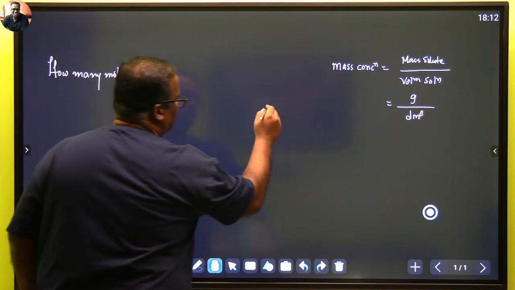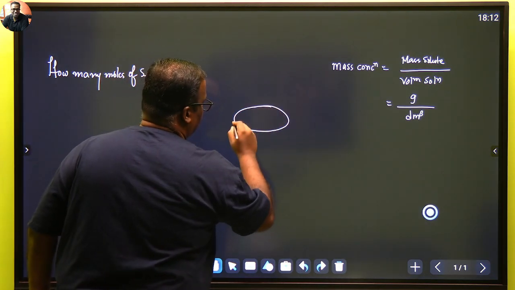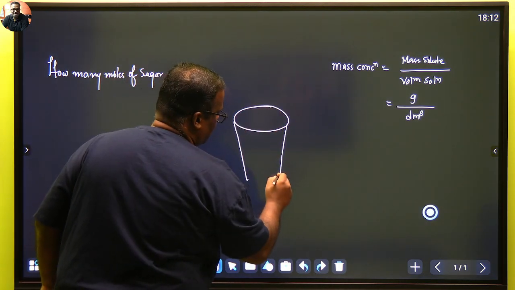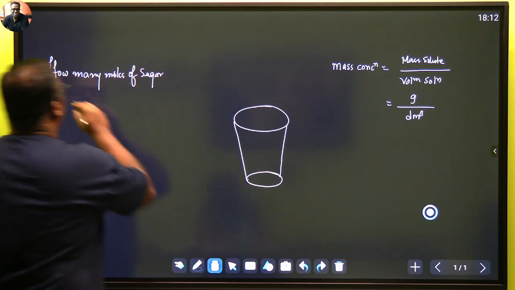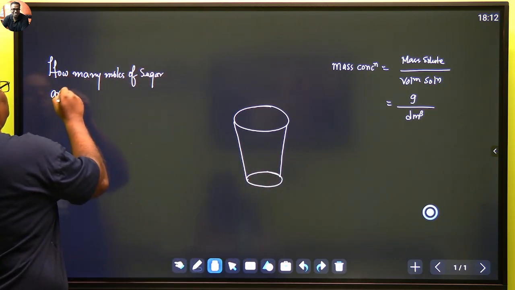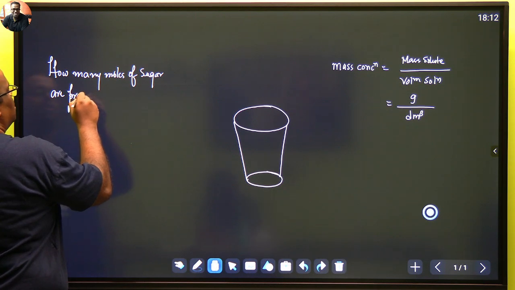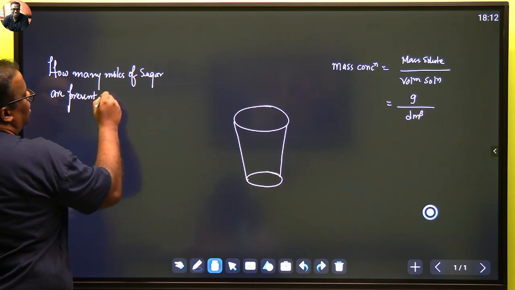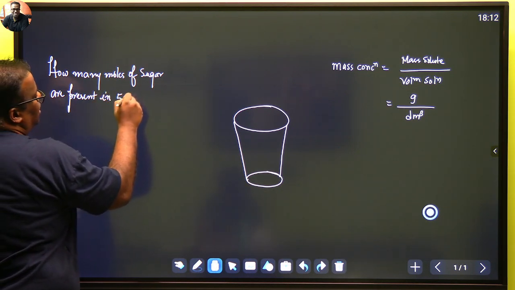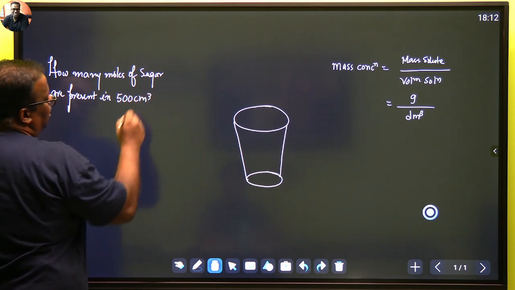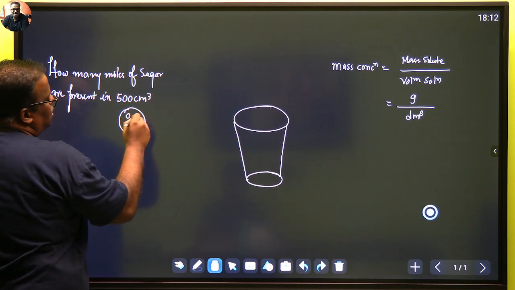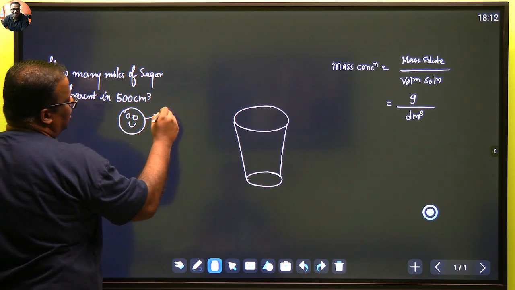So let me make it properly. Sugar is present in 500 cm cube. Children, when you read about 500 cm cube, what should strike your mind?